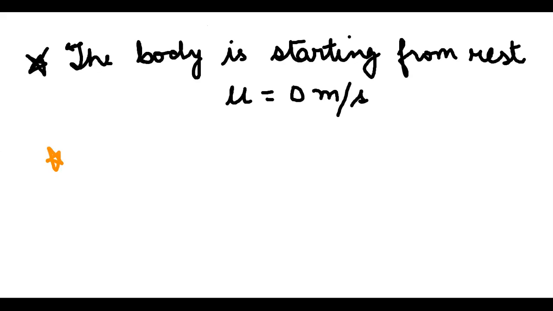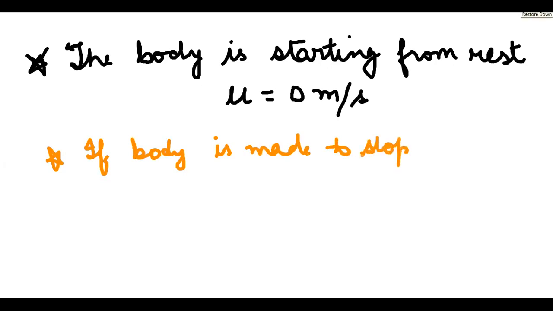Second part is, if the body is made to stop, or sometimes it is written if the body is brought to rest, that means it was already moving and you have applied brakes to bring it to rest.